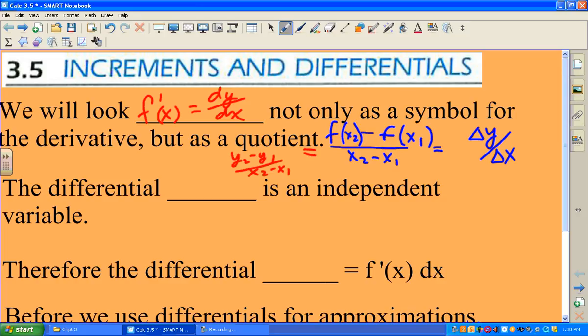But that third thing I wrote right here is the key to part of this lecture. This is the actual difference between x, and this is the actual difference between y. That means the actual.